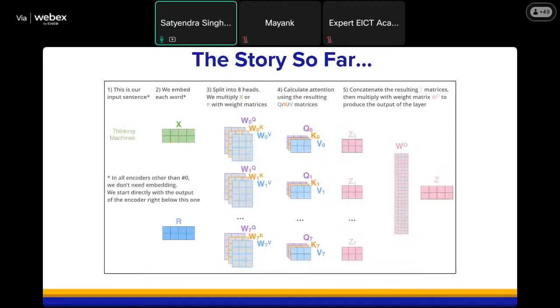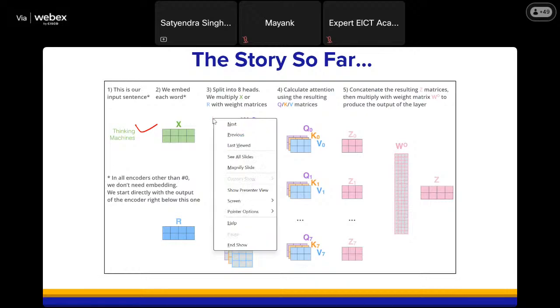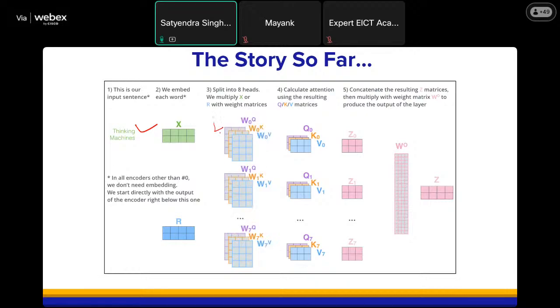So what's the story so far on the encoder side? We take the input, and we have the weight matrices corresponding to all the heads, which are trainable parameters. Using those weight matrices, you calculate the query, key and value matrices for all the heads. Eventually, you get the contextual embedding corresponding to each head.